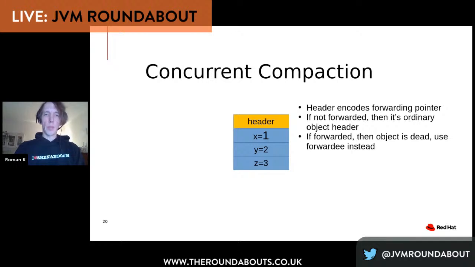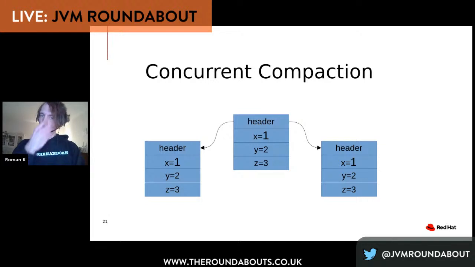The meaning is, if the header is an ordinary object header, then it's not forwarded. If it's forwarded, then we set a certain bit, which indicates that the rest of the header is a pointer to the new location. So what happens now when we have several threads that want to do some work with the object while the evacuation is running?